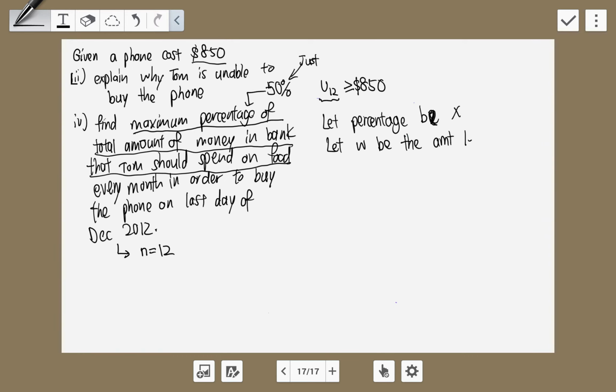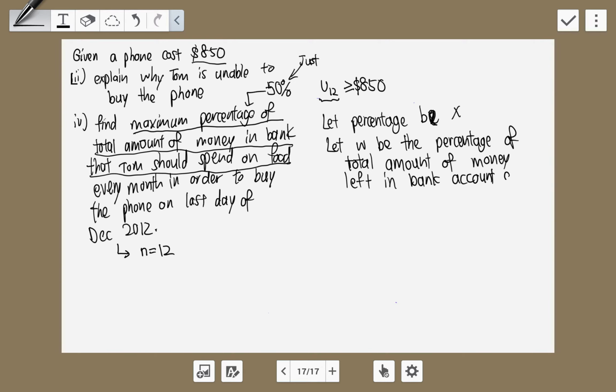Okay, then if the percentage is x, let w be the amount left. Let w be the percentage of the total amount of money left in the bank account after each withdrawal.